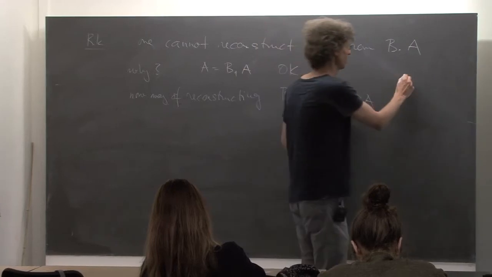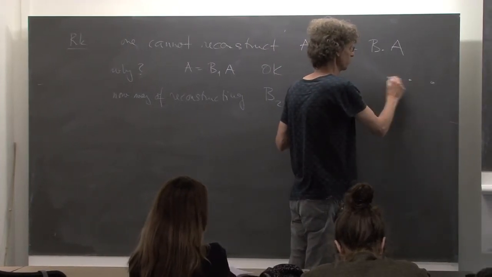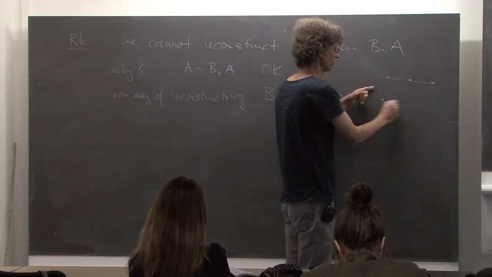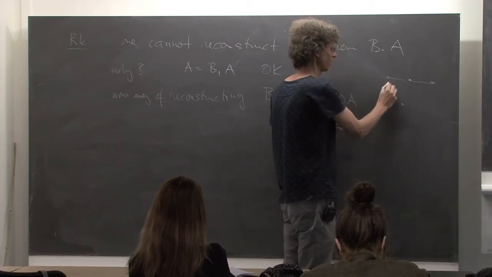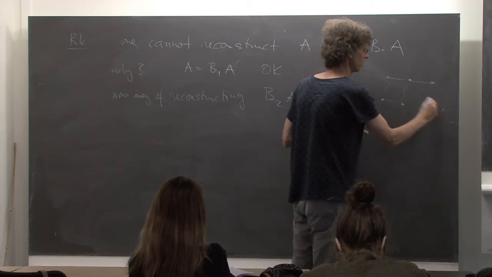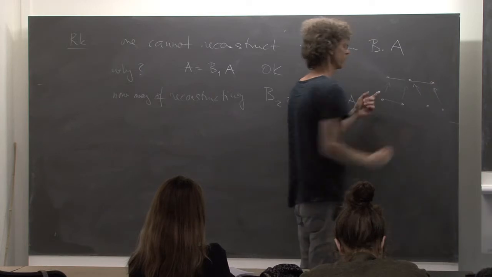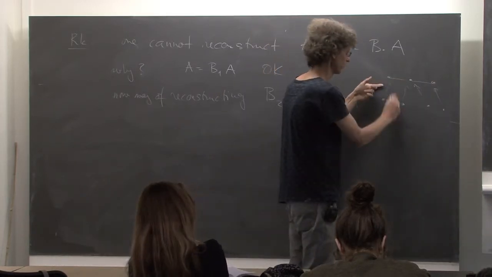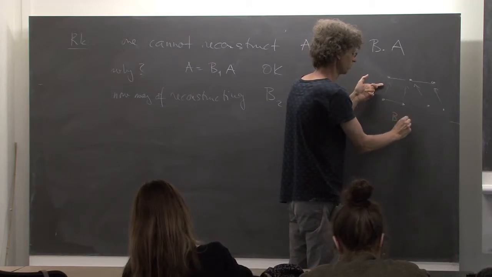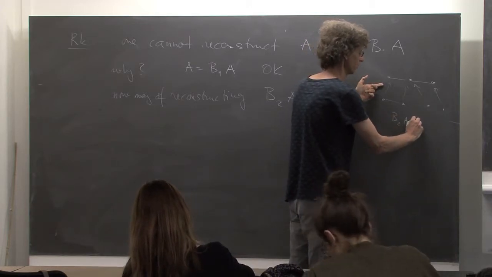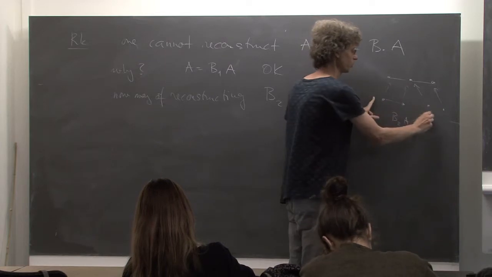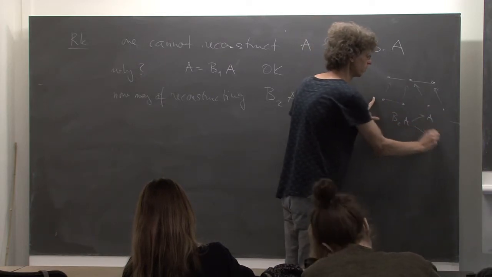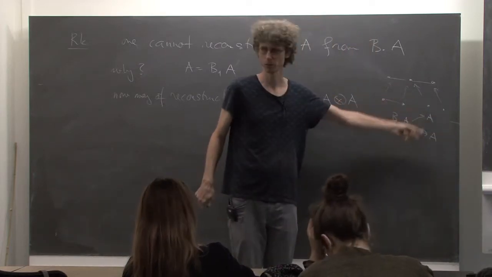You see somehow what's happening, how we're doing it before. So we were considering those maps either this way or that way, which then gives us a map going from B2A to, well, B1A, which is A, and another map going to A. That's fine. We still do have these maps.